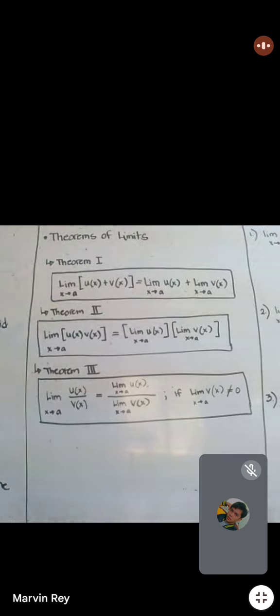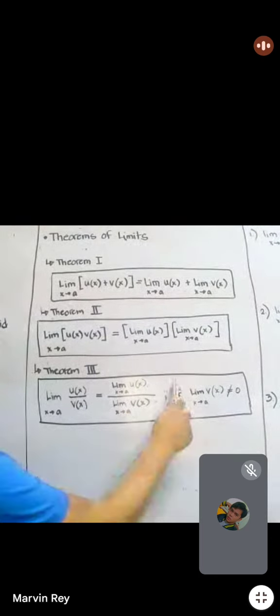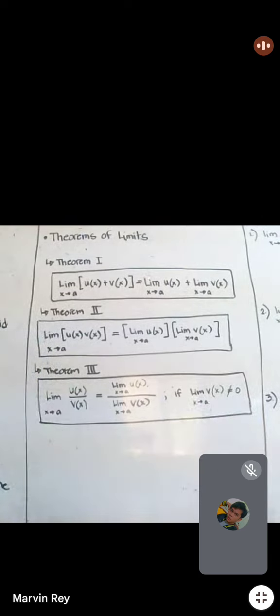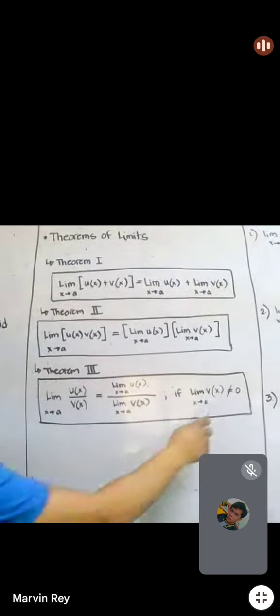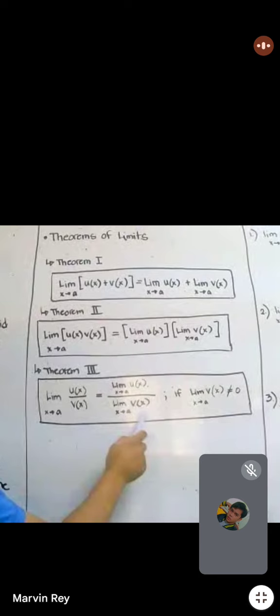So for every limit of a quotient of certain functions, you can simply take the limit of both numerator and denominator if and only if this condition is satisfied. So v of x should not be equal to 0, since this will lead us to an undefined value.